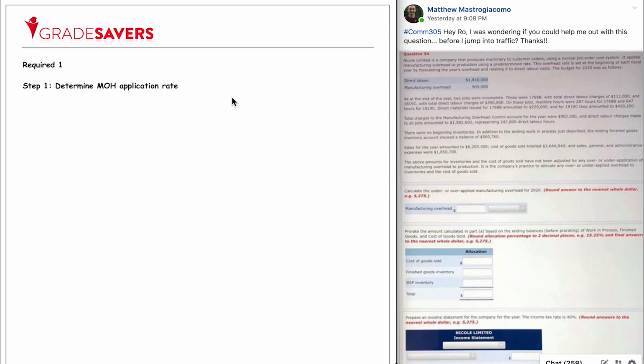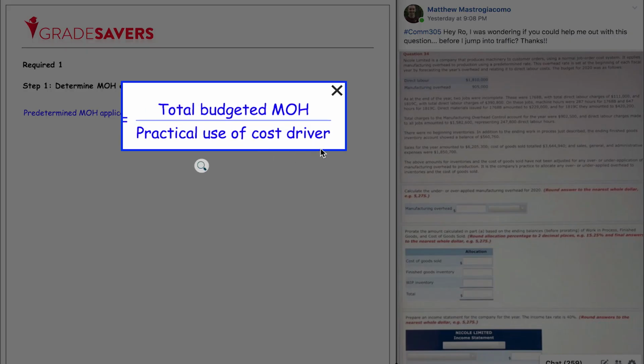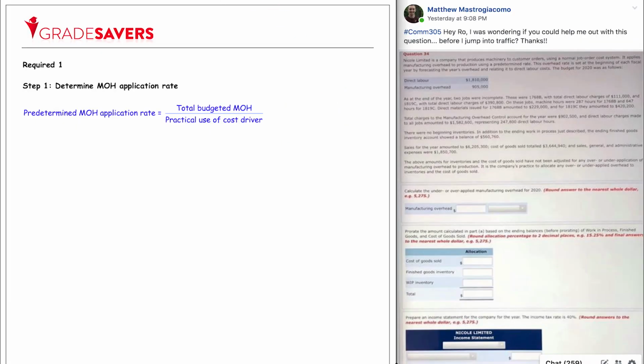and we're offered the budget for direct labor as well. So to calculate the application rate, the idea is to simply divide the two values. We're going to divide total budgeted MOH by the practical use of the cost driver, and that's how we're going to come up with our application rate. And so if we did that, in my opinion, you'd end up with a rate of 50 cents.